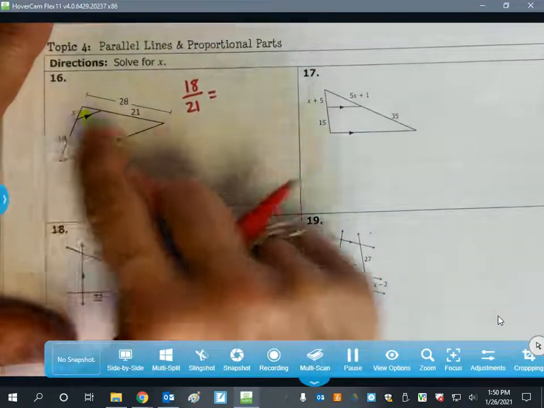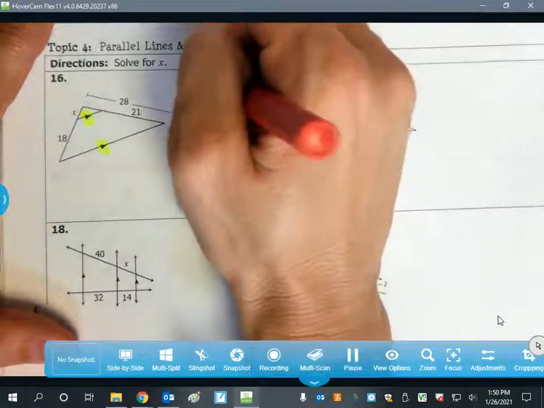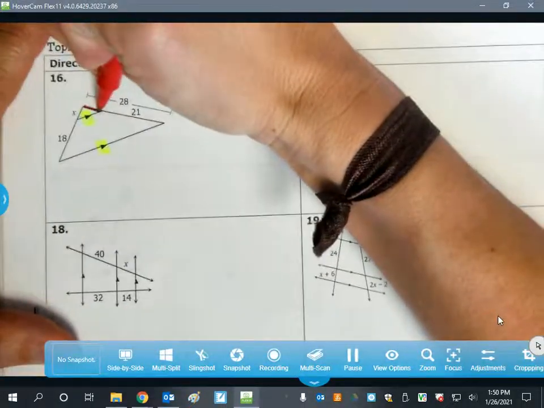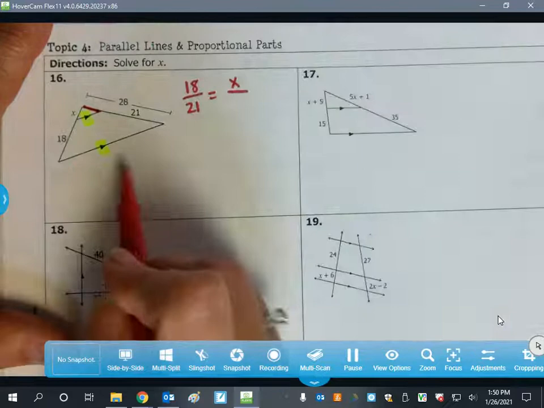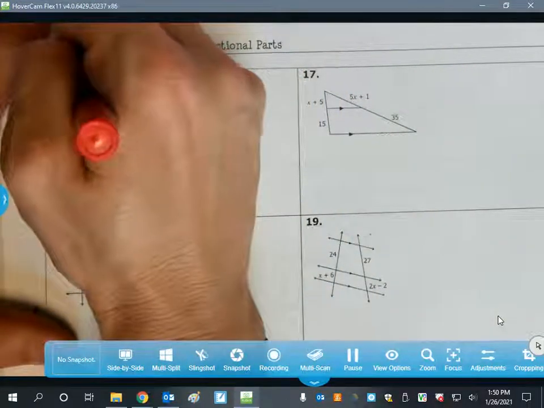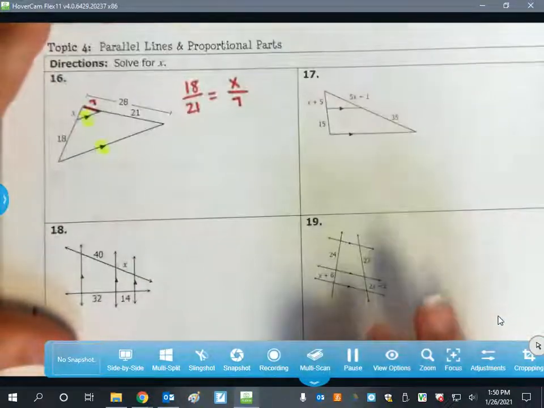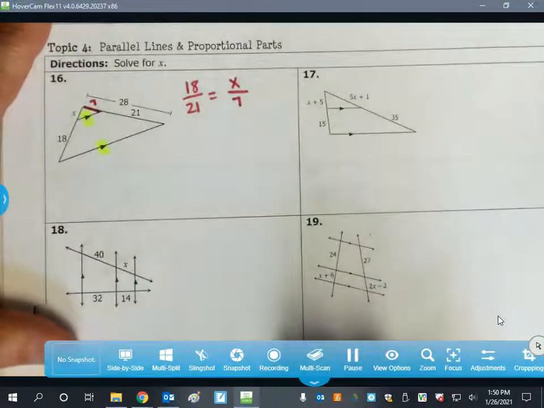Equals, so we did 18 over 21 equals x over something. Now, we need this little piece right here, and we can't get that little piece from the 28. So if we do 28 minus 21, we get that that little piece is 7. So this would be x over 7. All right, go ahead and solve that for x.